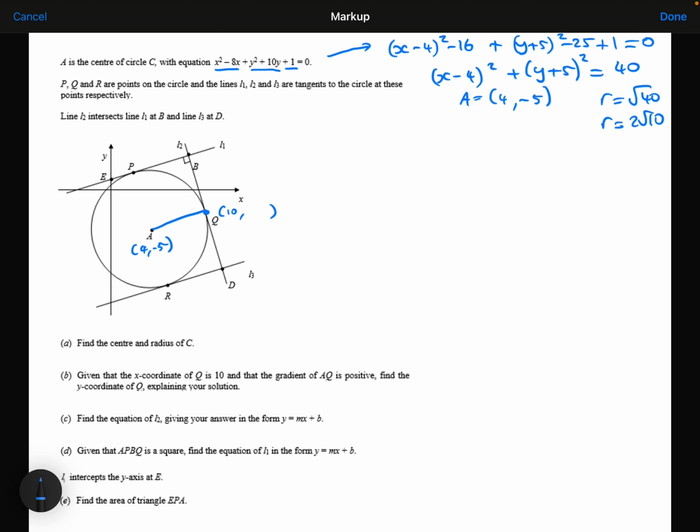Okay, well remember that point Q is on the circle, so it is going to obey this equation here. And I know that x is 10. So if I were to substitute 10 into that, 10 squared minus 8 times 10 plus y squared plus 10y plus 1 equals 0.